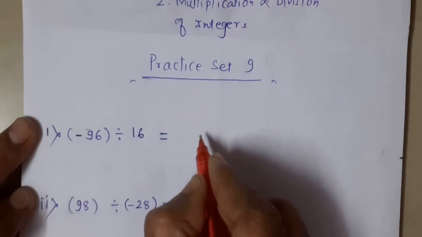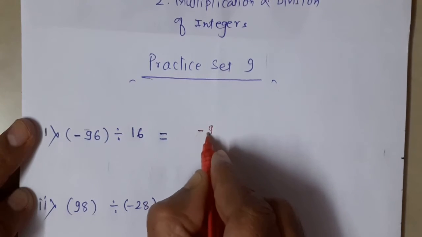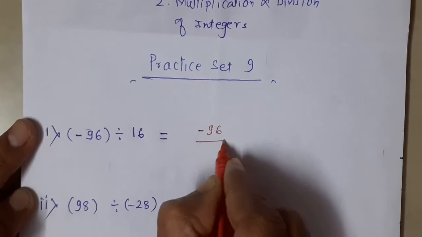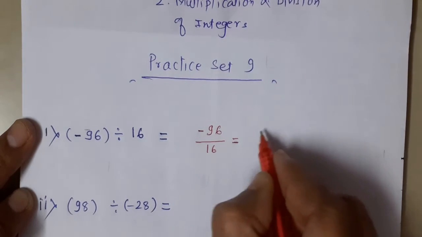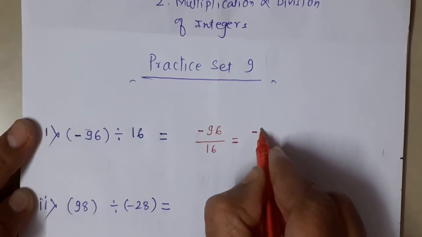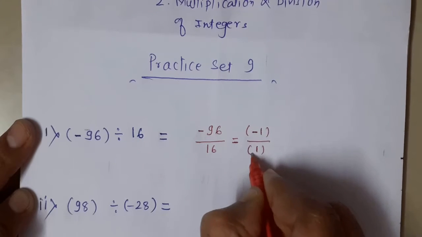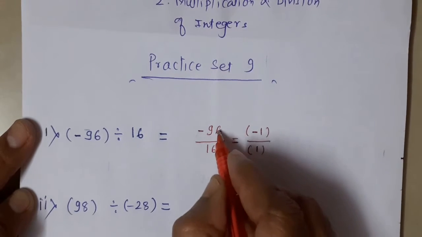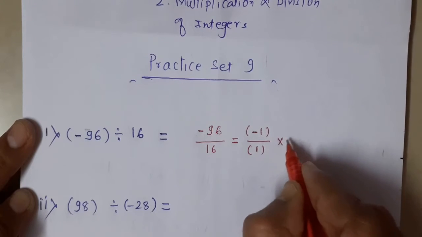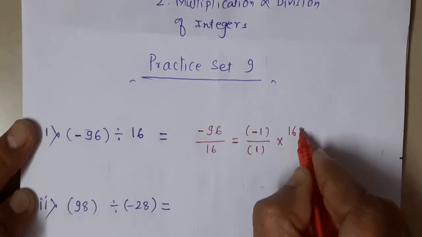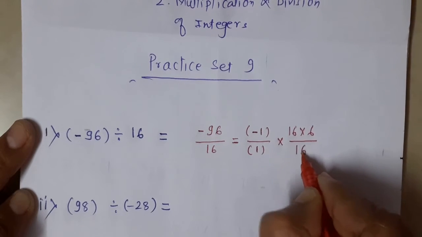I write this as minus 1 divided by 1 multiplied by 16 times 6 divided by 16.